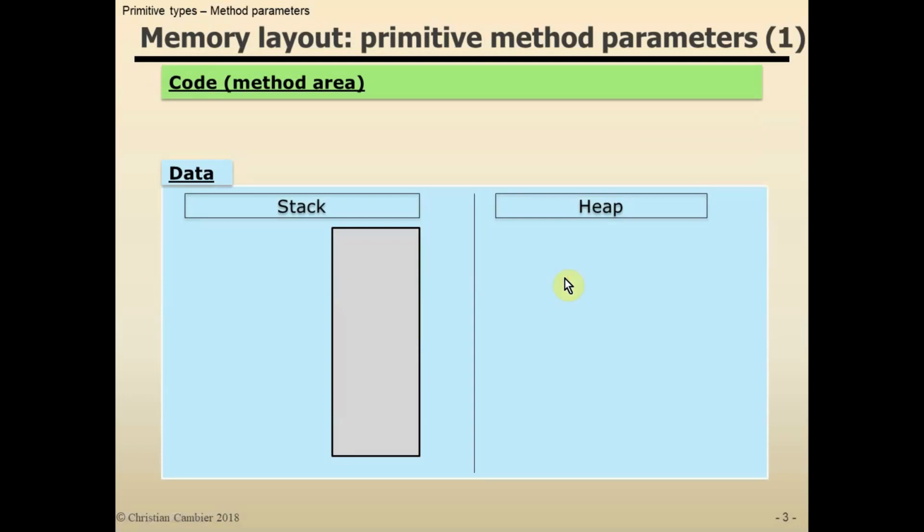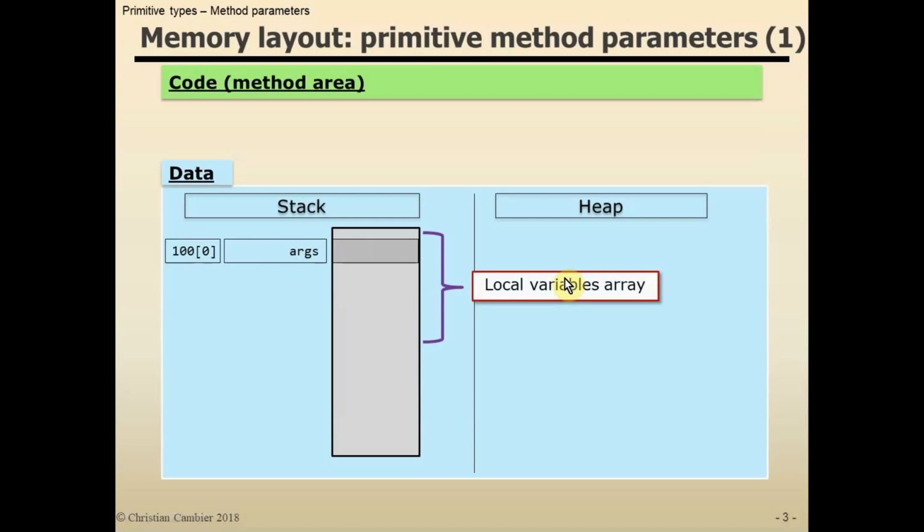Let's have a look. So here we have the memory layouts, and as explained in the previous demo, the local variables array contains, first of all, the arguments parameter of the main method. Now, this parameter is of no further importance in this demo, but I mention it in order to make the picture complete. Let's focus now on the declaration of the variables.